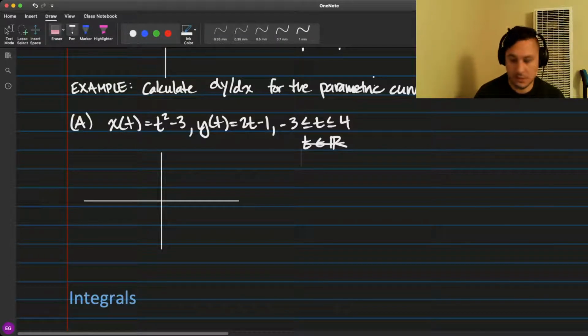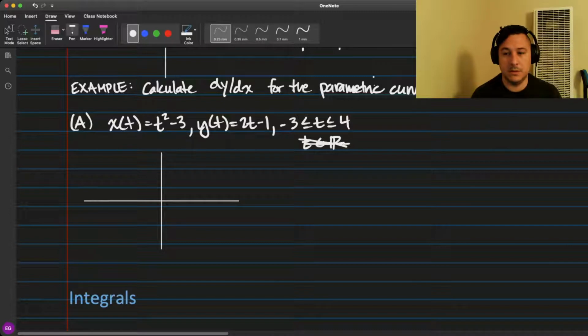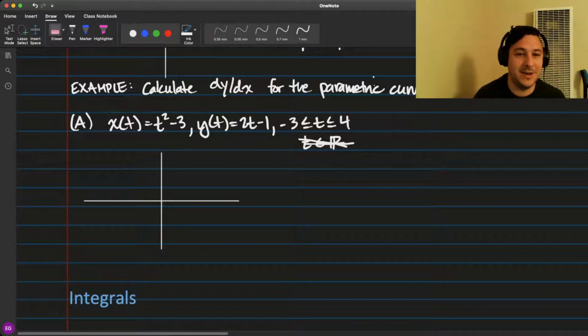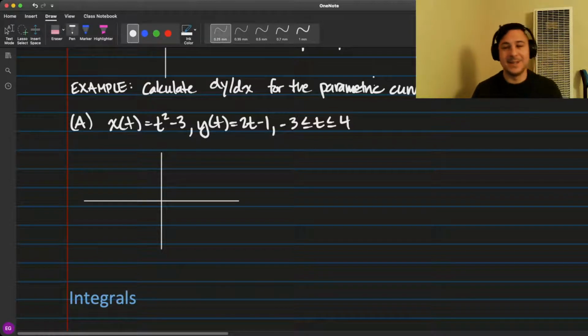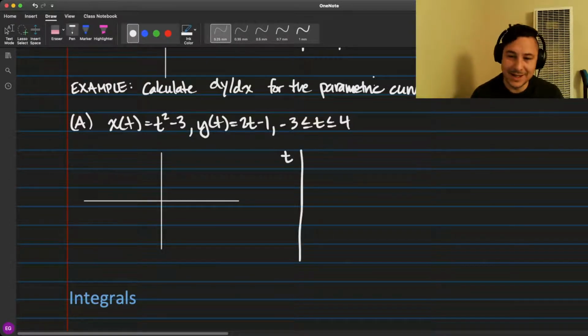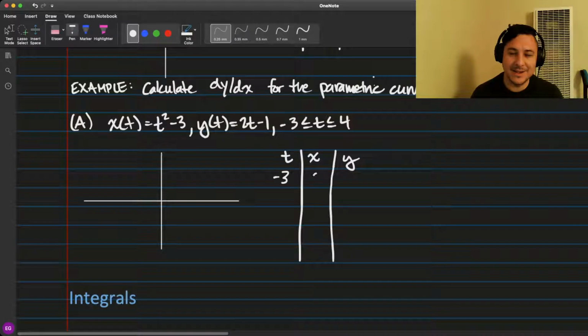Oops. Okay, I wanted to erase that. There we go. So let's plug in some numbers. T, X, Y. When you plug in negative 3, you get 9 minus 3 is 6.